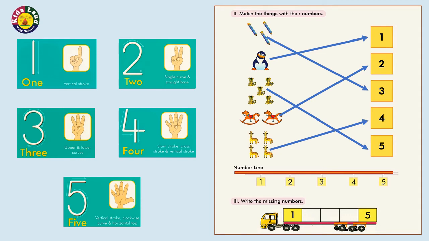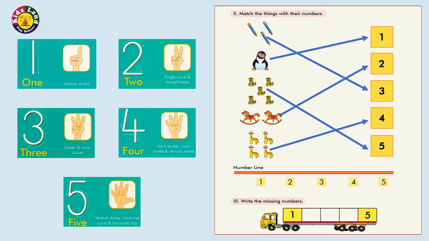The next question is, write the missing numbers. There is a big lorry of containers, and in the container we have the first container marked with number 1, and then the other containers are empty but it ends with number 5. So what should we do here? We have to fill the empty boxes with our numbers.